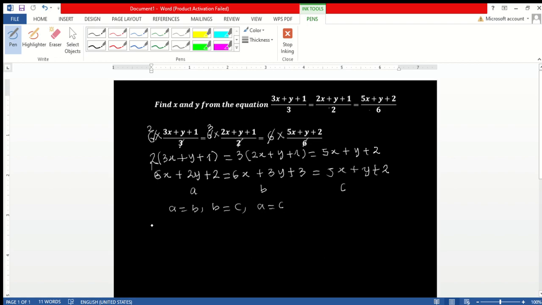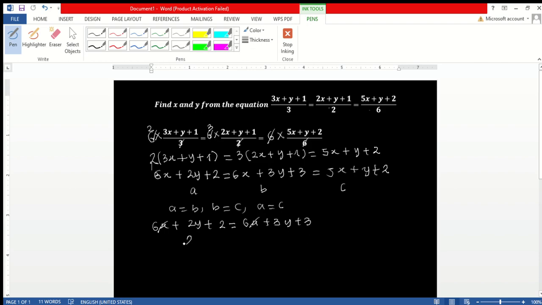So here, let A be equal to B. That means we have 6x + 2y + 2 is equal to 6x + 3y + 3. So let's solve this first. 6x with 6x is off.